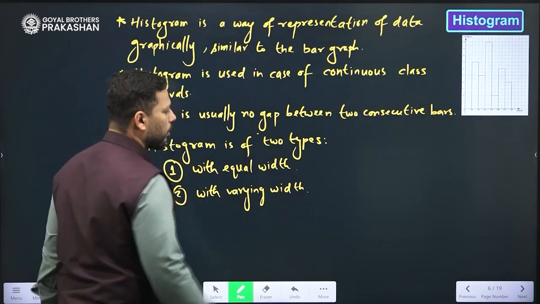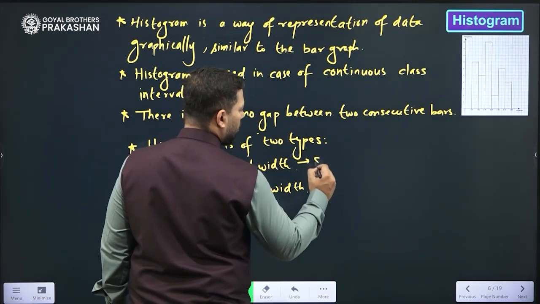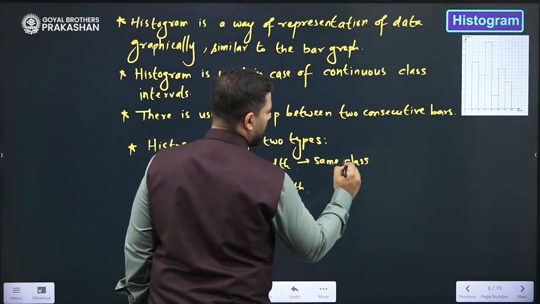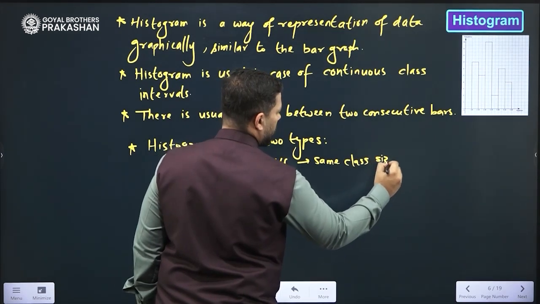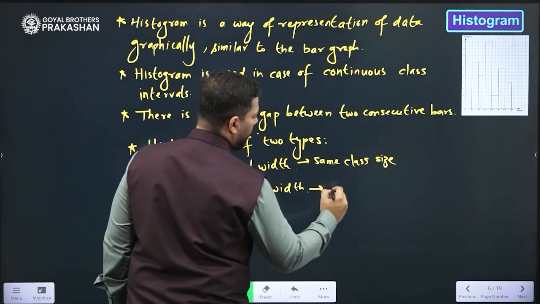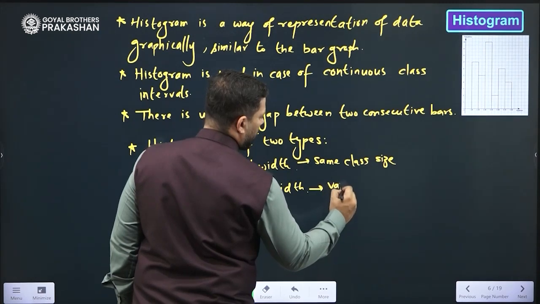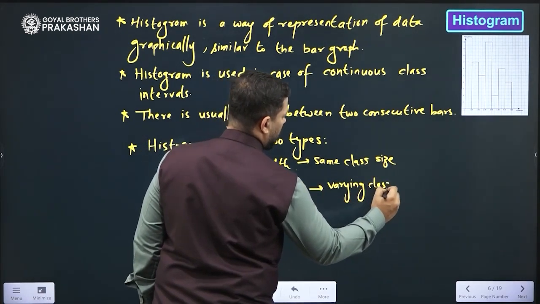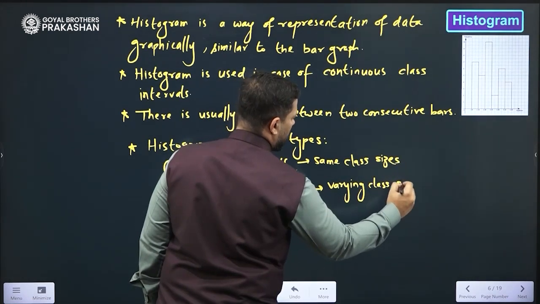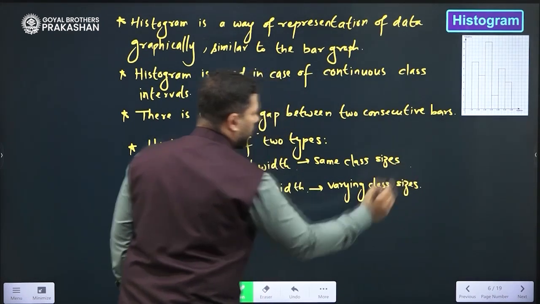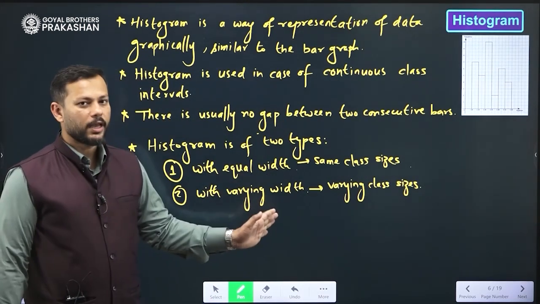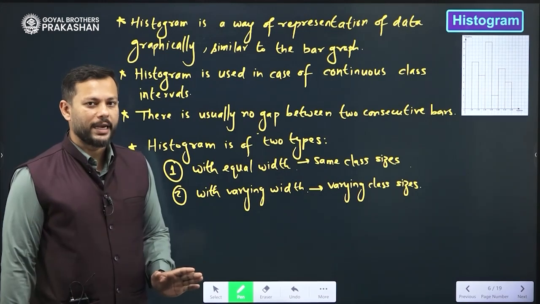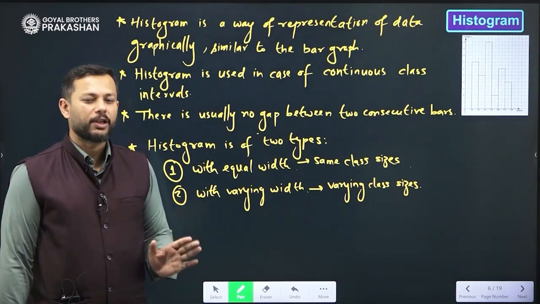In case of equal width, what do we have? Same class size, and here we have varying class size. Is it clear? So if I look at it, there is one very important thing. Whenever you have varying width, you need to adjust the frequency.